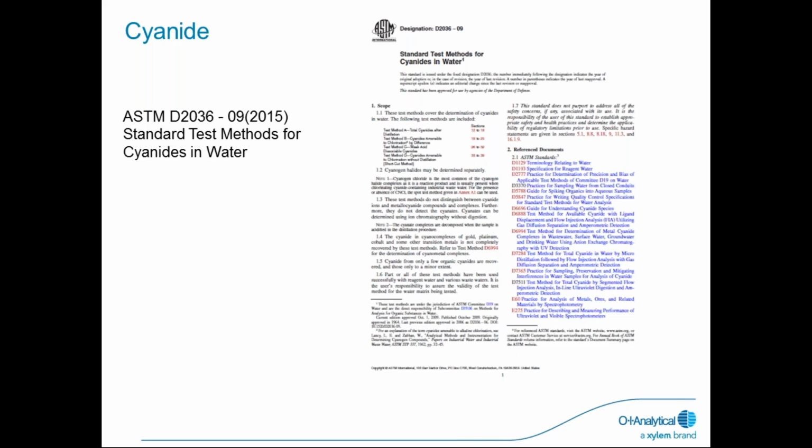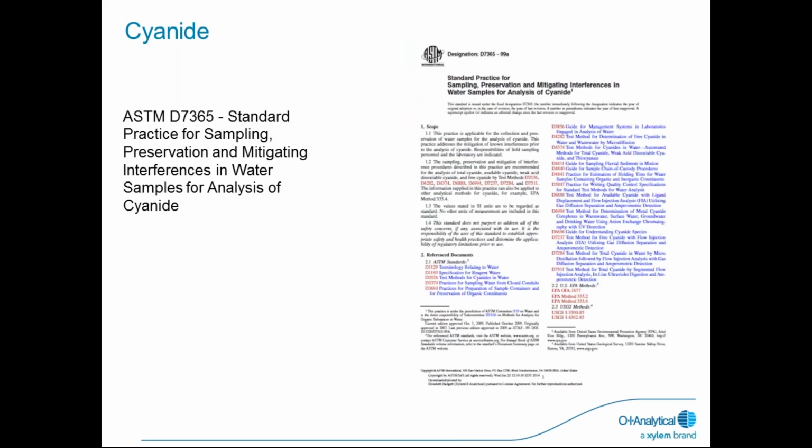I kind of like to call this the Bible of cyanide info. Then there's ASTM D7365. It's a standard practice for sampling, preservation, and mitigating interferences of water samples for analysis of cyanide. And this talks a lot about, again, the sampling, preservation, and mitigating the interferences of water.